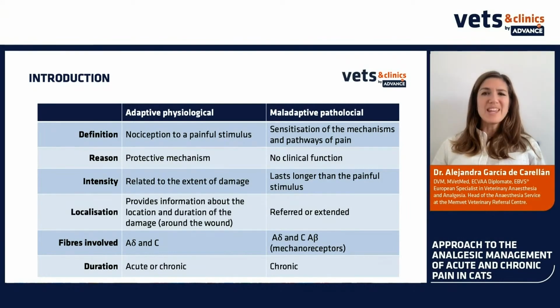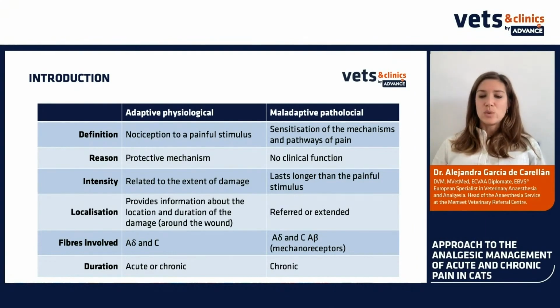It lasts much longer than the painful stimulus, so you can have chronic pain even when the wound or the damage is already healed. It is referred or extended to somewhere else, for example, you have pain in the back and you can also have abdominal pain at the same time. There are other fibers also involved, and it's always chronic.